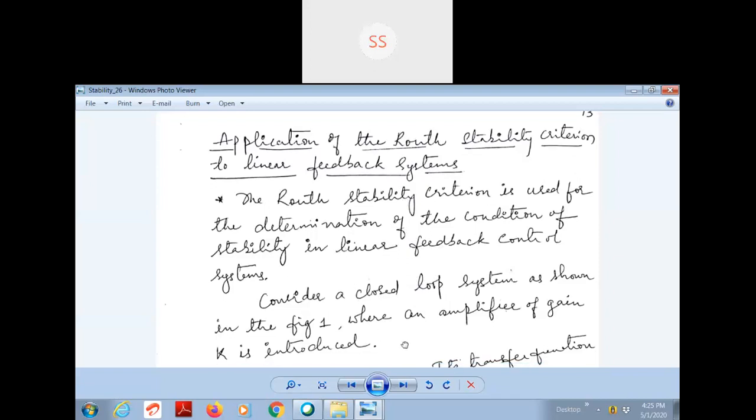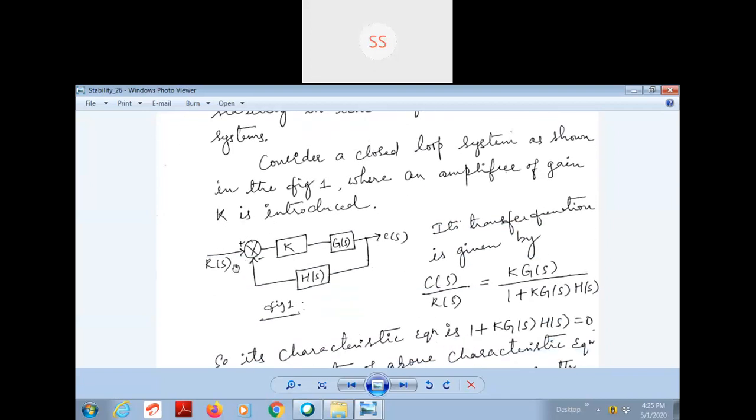Therefore, in order to understand this, let us consider a closed loop system as shown in this figure 1. This is a very familiar closed loop system. R of S is the input, C of S is the controlled output. Now in the forward path we have K and G of S, and H of S is the feedback factor.